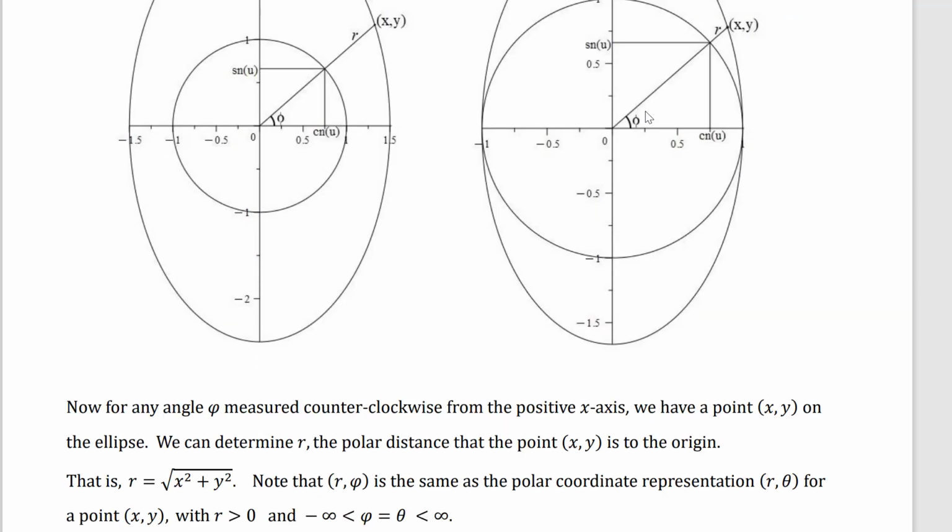Note, I'm using phi here so we can have it similar to the standard definition of the Jacobi elliptic functions, but phi is essentially the same as the usual polar angle theta. And we can go round and round.